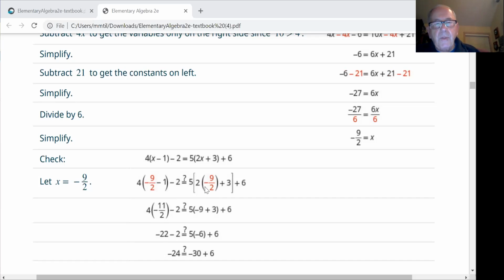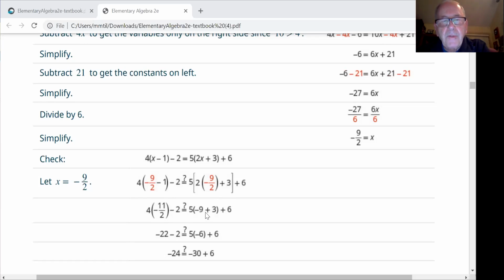Do the same thing on this one here. 2 times minus 9 over 2 plus 3. On this particular one, you can factor this 2 out right here. And that's what they've done. So it becomes minus 9 plus 3.